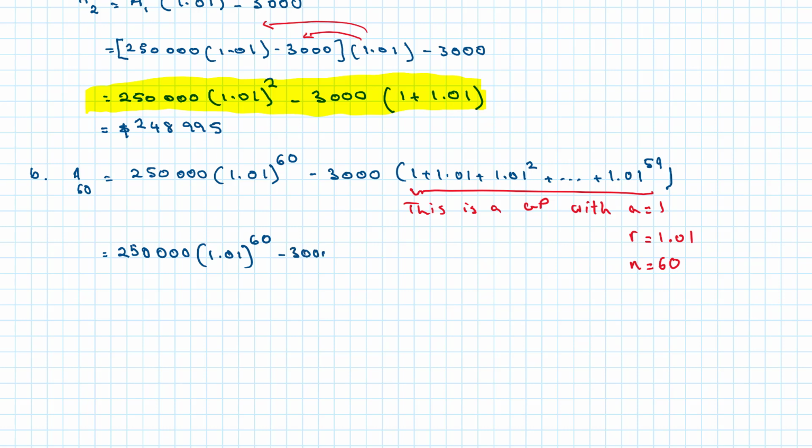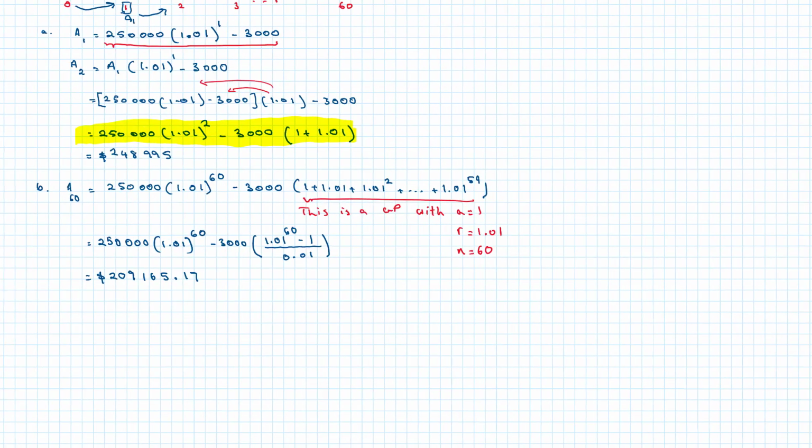So 3,000 times, my A is 1, and then I have R to the power of n minus 1, over R minus 1, which gives me 0.01. Calculating that leaves me with $209,165.17.